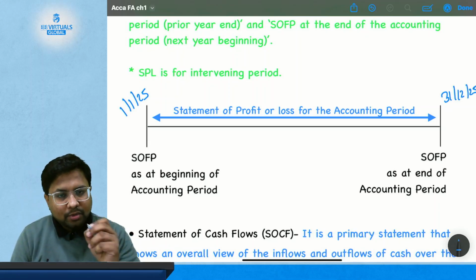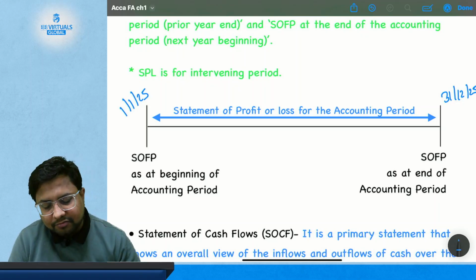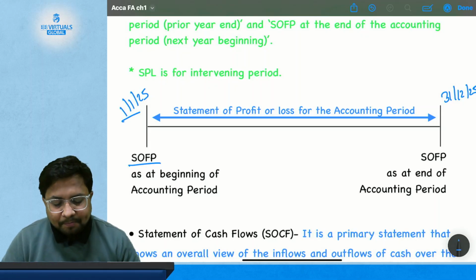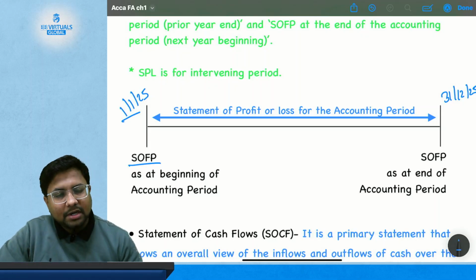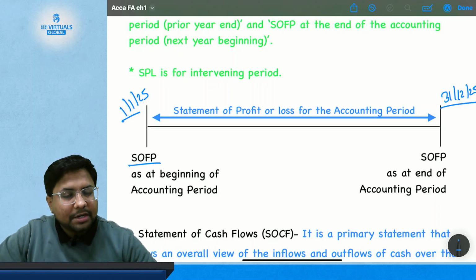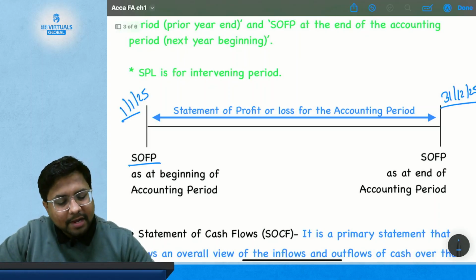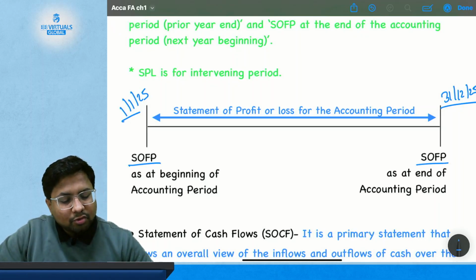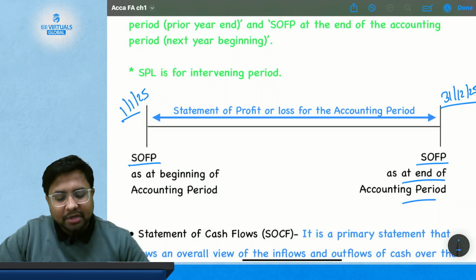At the beginning of the accounting period, that is 1st of January 2025, I have a statement of financial position, or you can say balance sheet, and the same for the end. For the end of the accounting period, 31st of December 2025, I have the statement of financial position or balance sheet showing the financial position at the end of the accounting period.